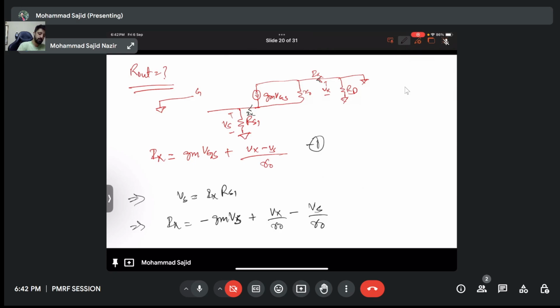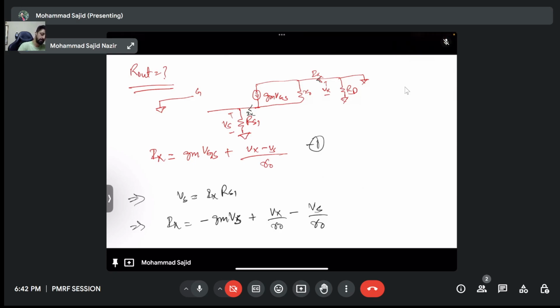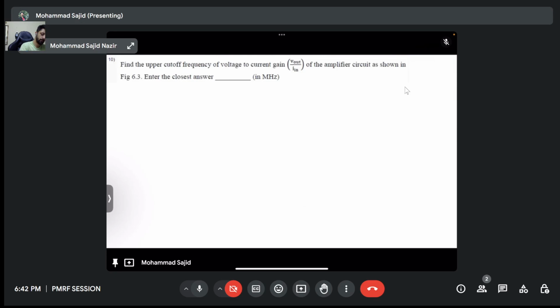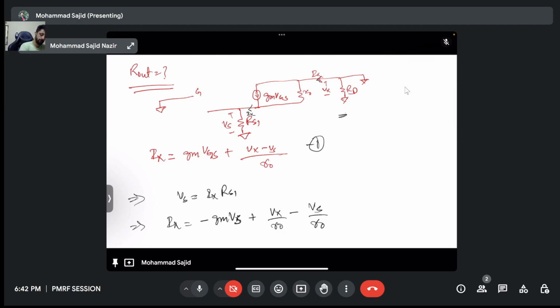Substituting Ix Rs1 for Vs, we can get Ix plus GM Ix Rs1 plus Ix Rs1 by R naught is equivalent to Vx by R naught.